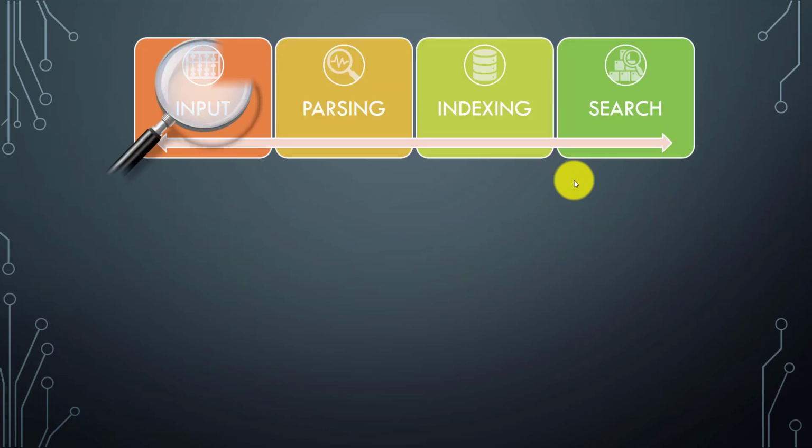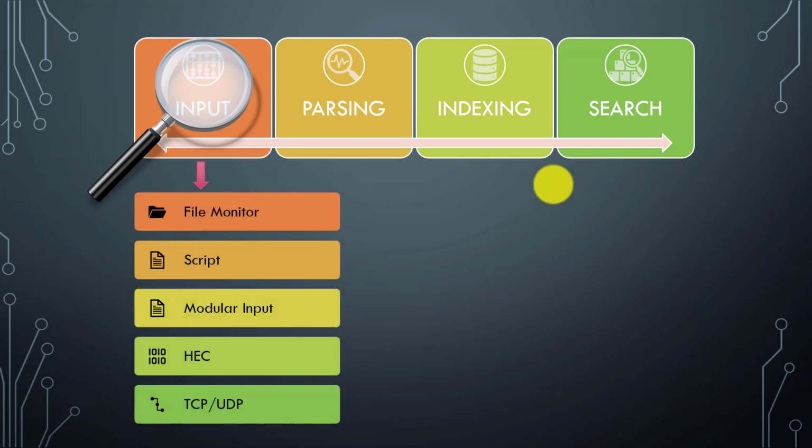If I try to see what's going on inside the input phase, it can happen that we are receiving data from multiple channels. It could be a file monitor, it could be from a script, or it could be a modular input you have written, or it could be an HTTP event collector, or it's direct data received on a TCP or UDP port, right? Now based on all these different kinds of input, there are separate processors.